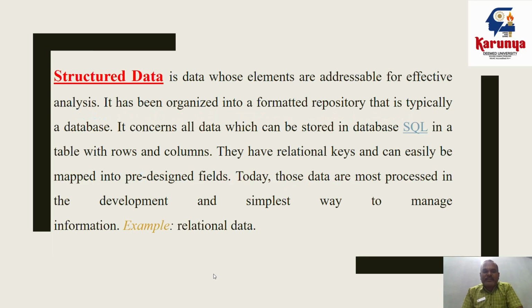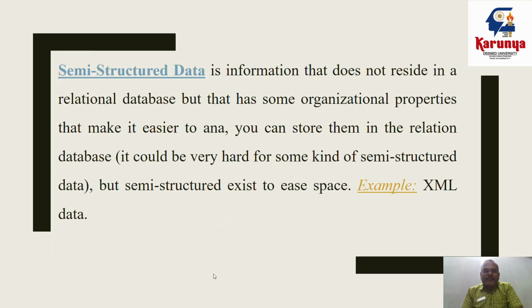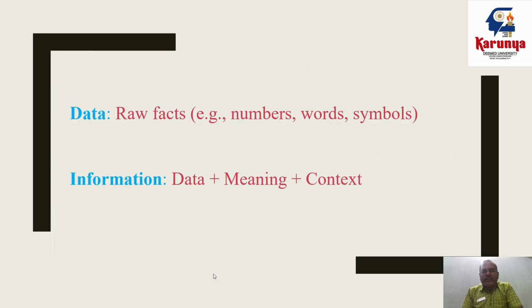Hope you understand. Next, there are different types of data available. Normally we have many types of data. In the context of programming languages, we have different types of data, like integer data, floating point data, and character data.